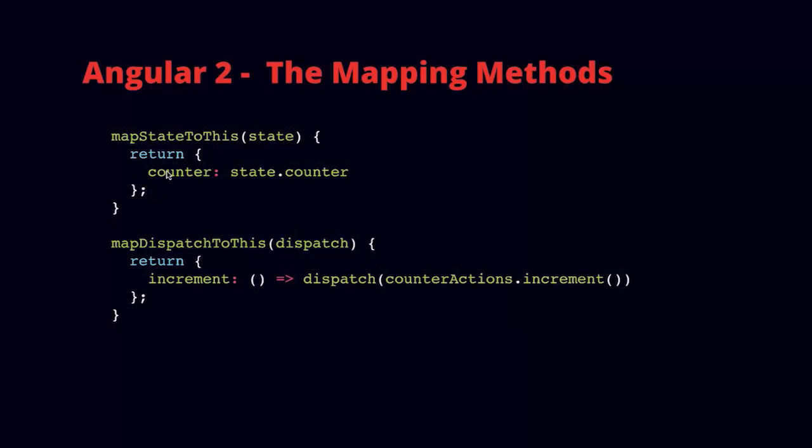And in this case, we now want to have a property called counter that is available to be passed into our component. The next one is our map dispatch to this, and this is what will map our action creators, place it onto the component, and they are available to be called.